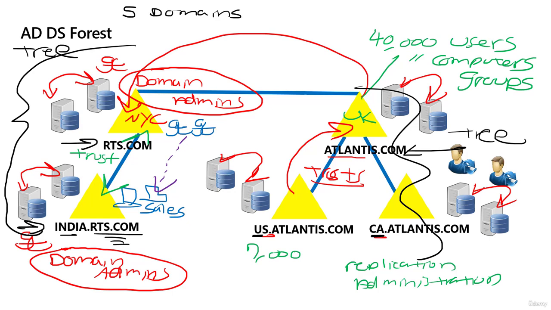I have 2 trees, the RTS tree and the Atlantis.com. So we'll say 2, and I'm going to write domain trees, although it's just usually called trees. And in this graphic, we just have 1 forest. So 1 forest, 2 trees, and 5 domains overall in this graphic.